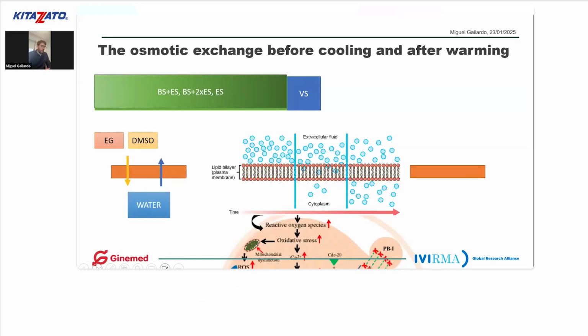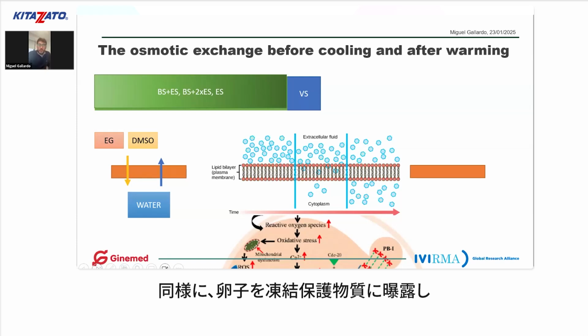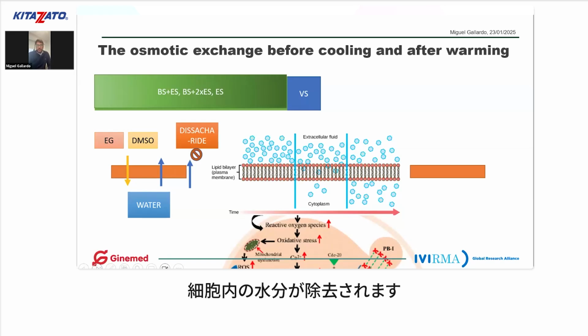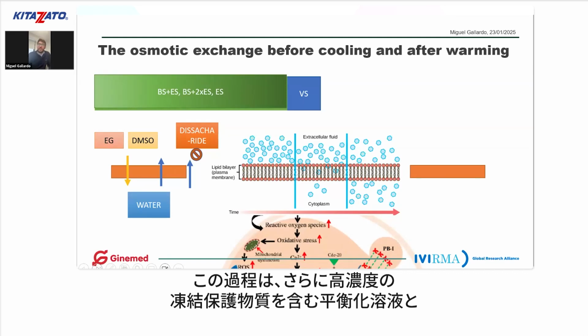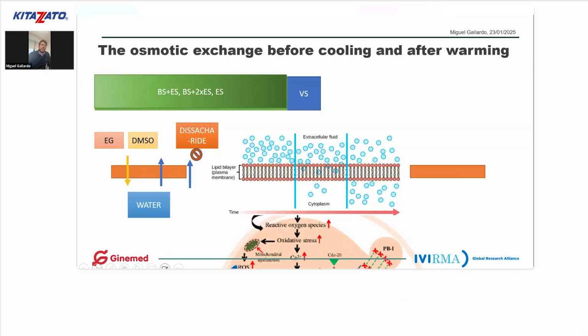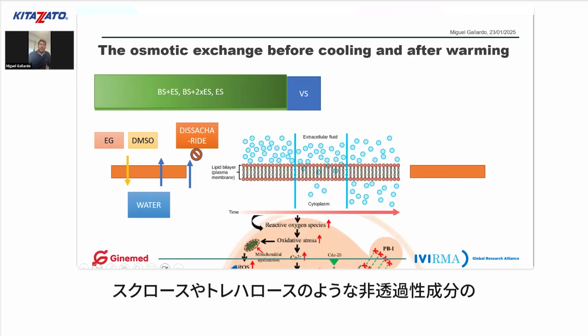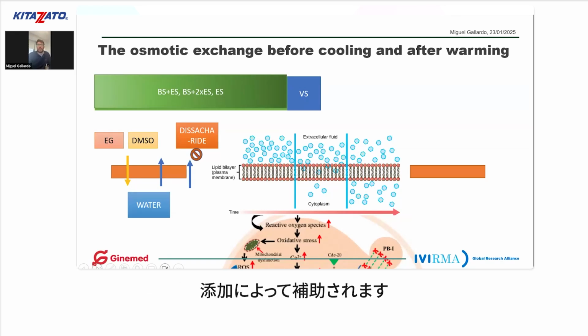But all the same, we expose the oocyte to permeant cryoprotectants that are going to enter the cell through the lipid plasma membrane. And we're going to remove the water, and that is helped in the vitrification solution by an even higher concentration of cryoprotectants, plus the addition of non-permeant cryoprotectants, such as saccharose or trehalose.